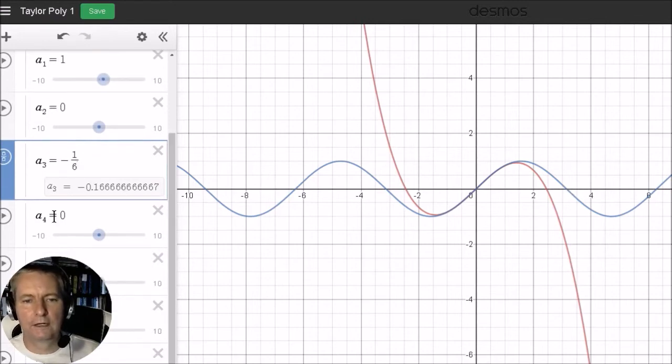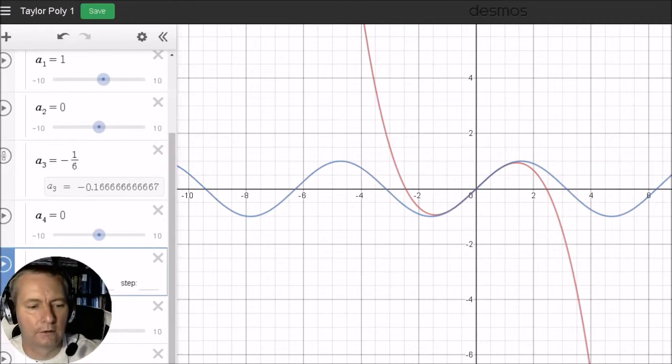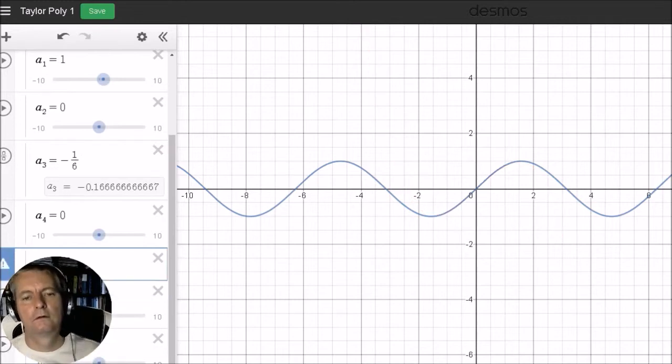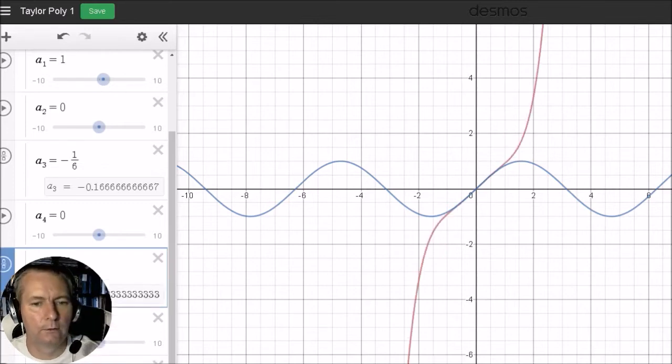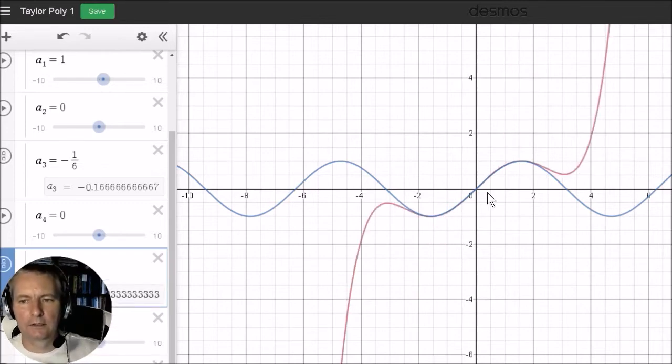Our a4 again is going to be 0, and our a5 is going to be 1 upon 5 factorial. 5 factorial is 120, so it's going to be 1 divided by 120, and you can see that next approximation appearing.